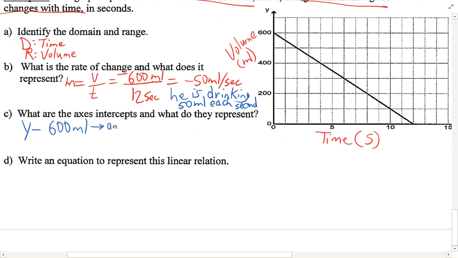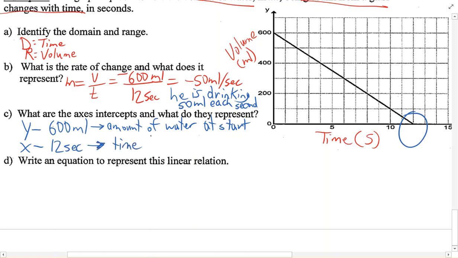Amount of water in the glass at the start. Okay, what about the x-intercept down here? What is that? 12 seconds, and what does that represent? The time to drink the water.